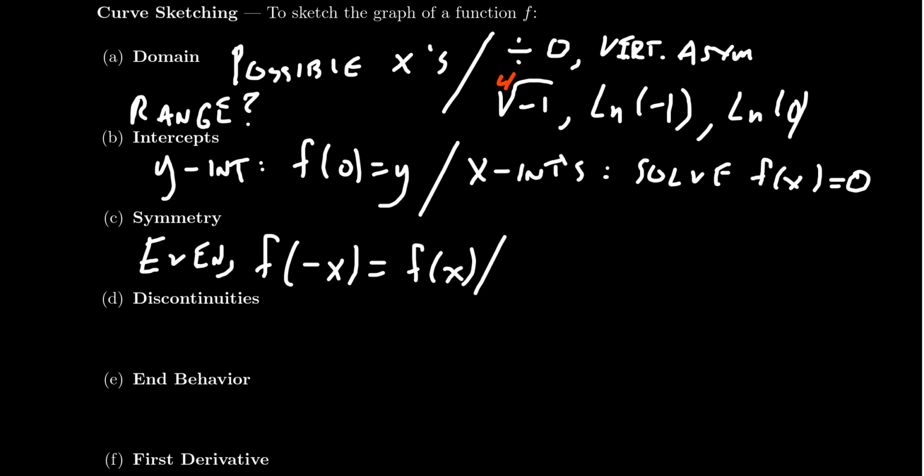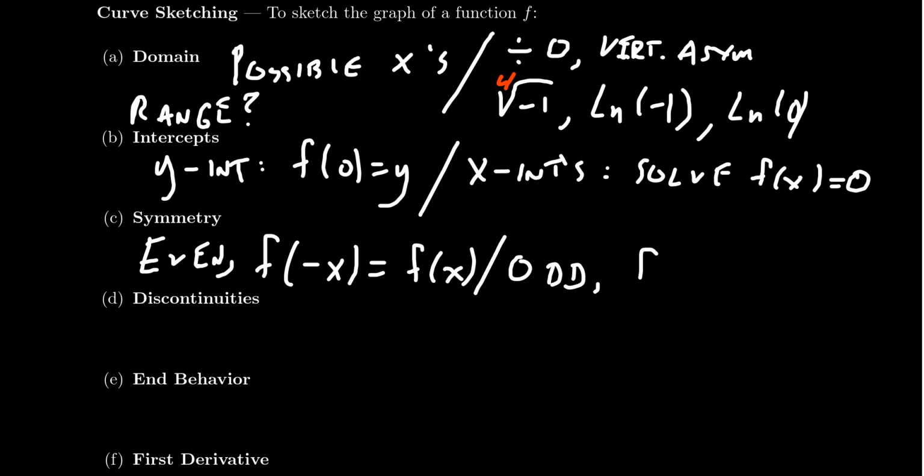Going hand in hand with even symmetry, there's the notion of odd symmetry. Odd symmetry is when you are symmetric with respect to the origin. Origin symmetry means that if you were to go through the origin, you would come out the exact same distance on the other side. Another way I like to think of it is if you rotate the function around the origin 180 degrees, a half spin, this gives you the same graph again.